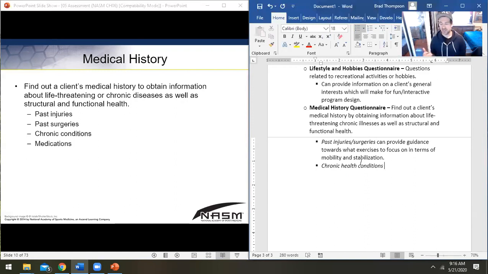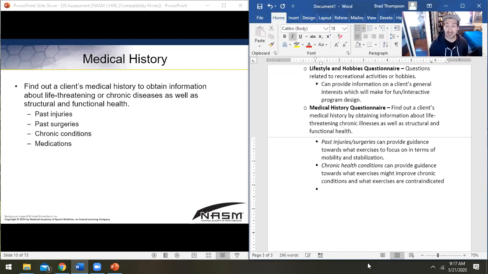So this is going to give us an idea of what exercises to do and what exercises to avoid. So chronic health conditions can provide guidance towards what exercises might improve chronic conditions and what exercises are contraindicated, or what should be avoided.